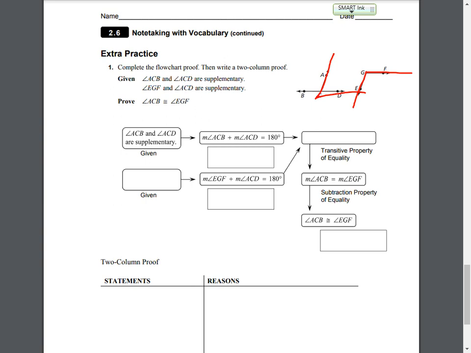All right, let's think this through. What is that first step? What is it saying? The measure of angle ACB plus the measure of ACD equals 180 degrees. I gotta erase this so I can read. There we go. Okay, ACB plus measure of ACD.